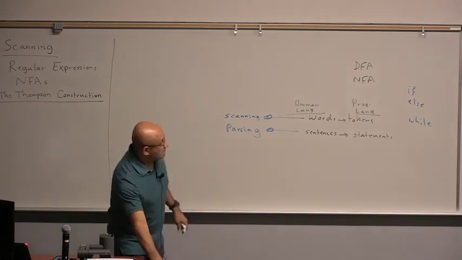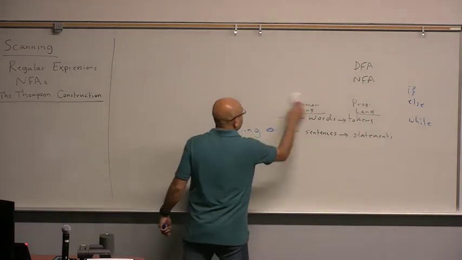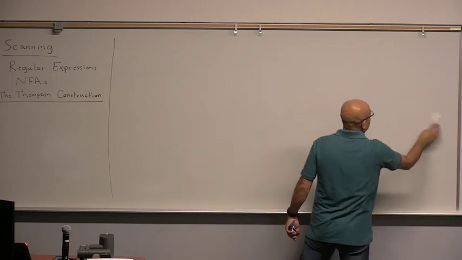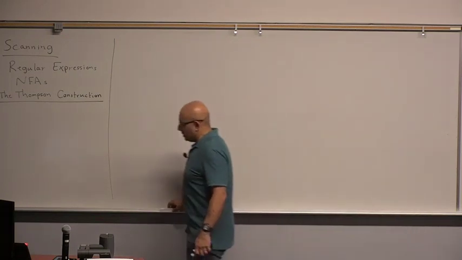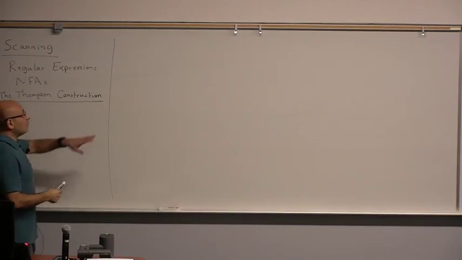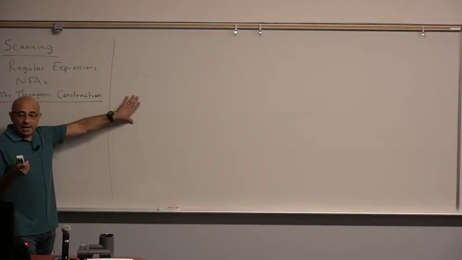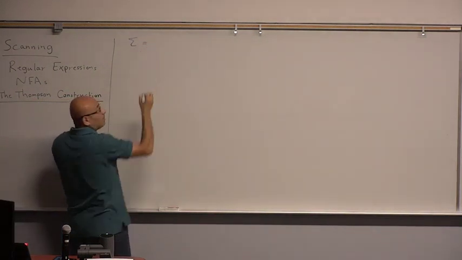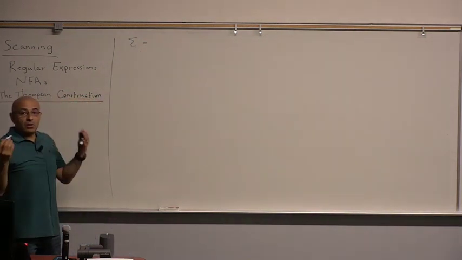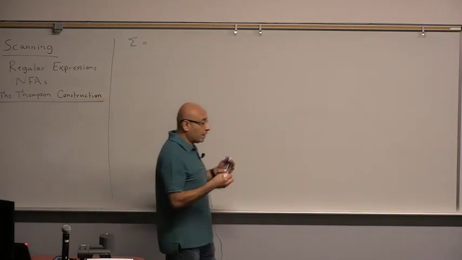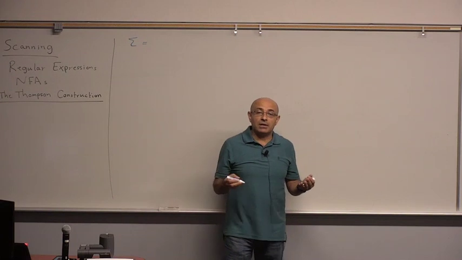So last time we started giving an example by looking into a regular expression for unsigned integers. Now when it comes to programming languages, our sigma is going to be the set of all valid symbols in the programming language that we are designing a compiler for.